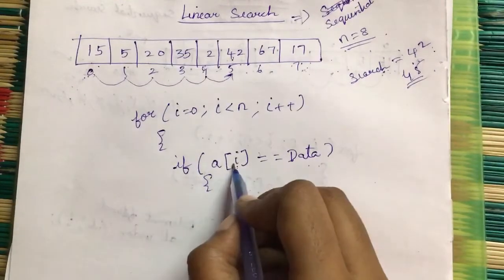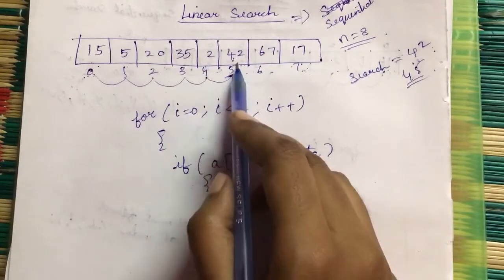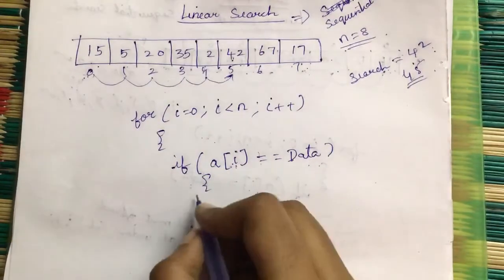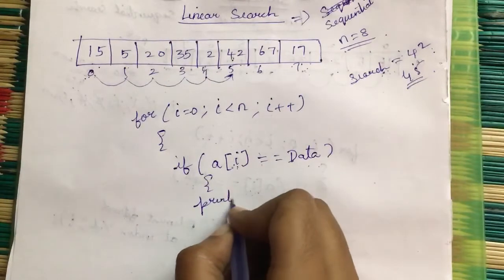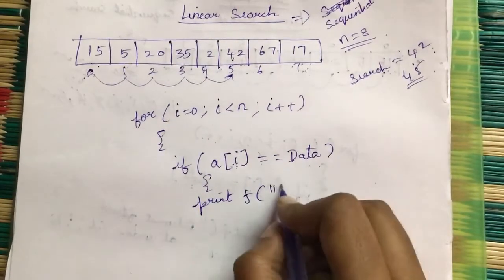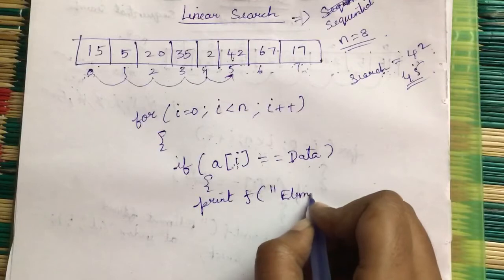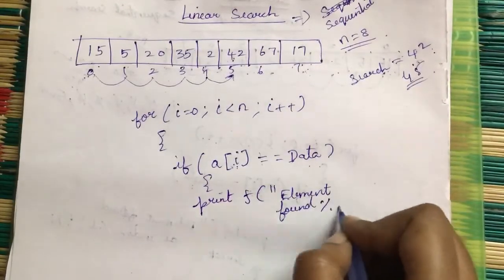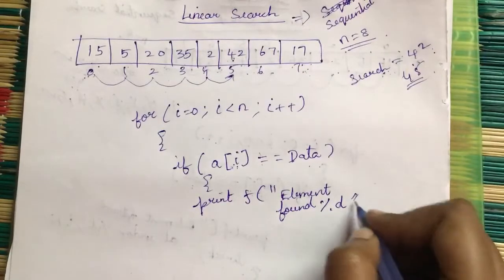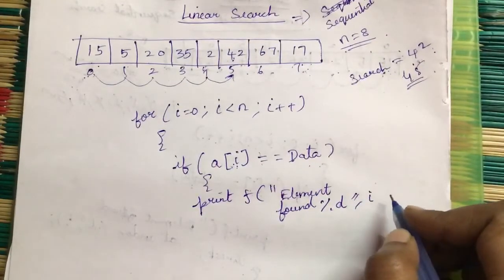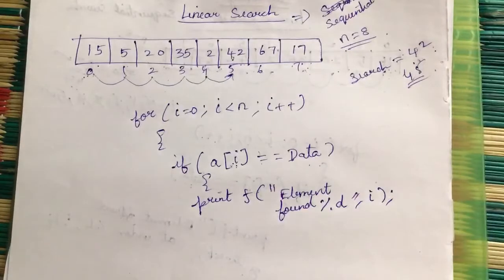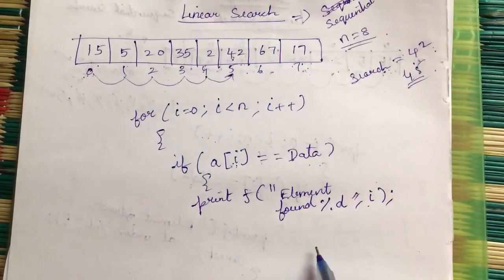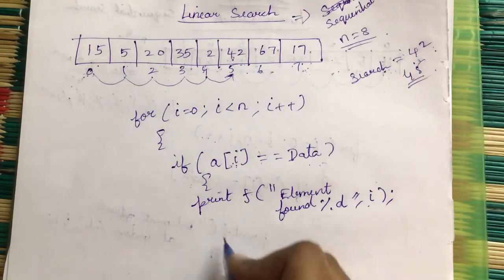If the condition becomes true, then we have to print element found, and we have to print the index value of the array, the position at which it was found.